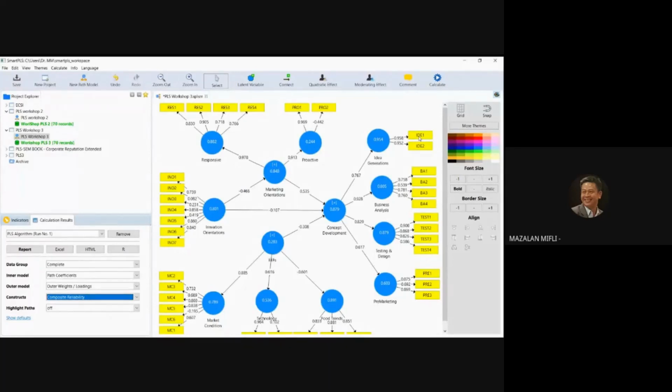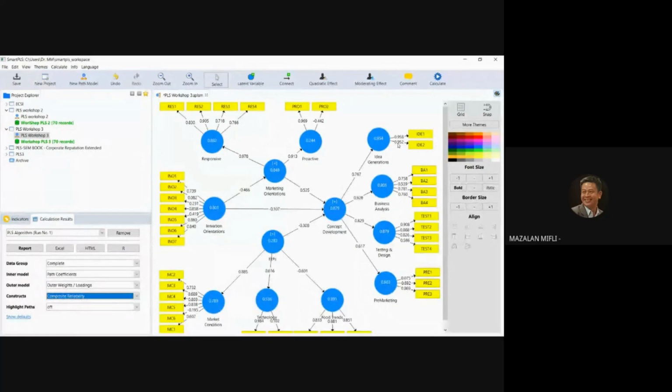Even if you take off one, it doesn't really make any difference, because the values tell us that they're almost similar. So these are indications that when you have loadings of 0.9, almost reaching 1, it is also not really good. I'm not saying it's not accepted, but it is not good.